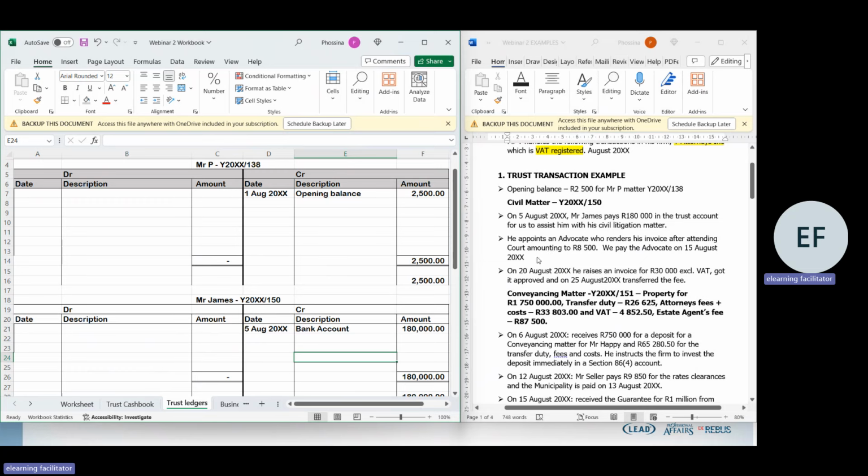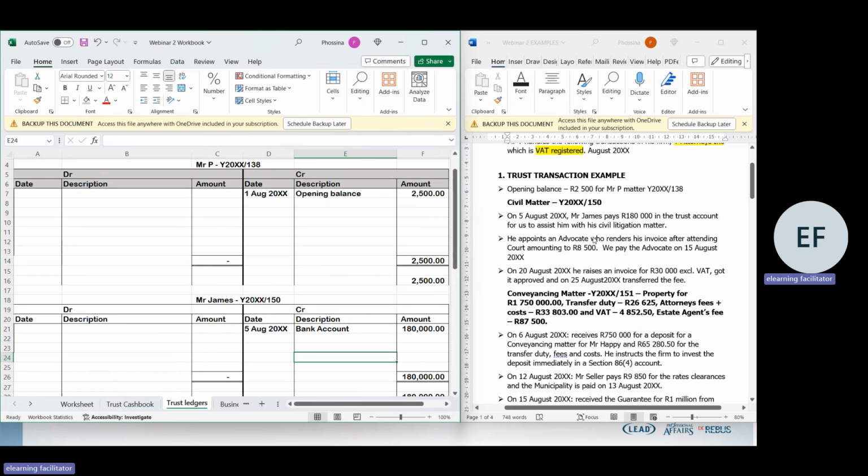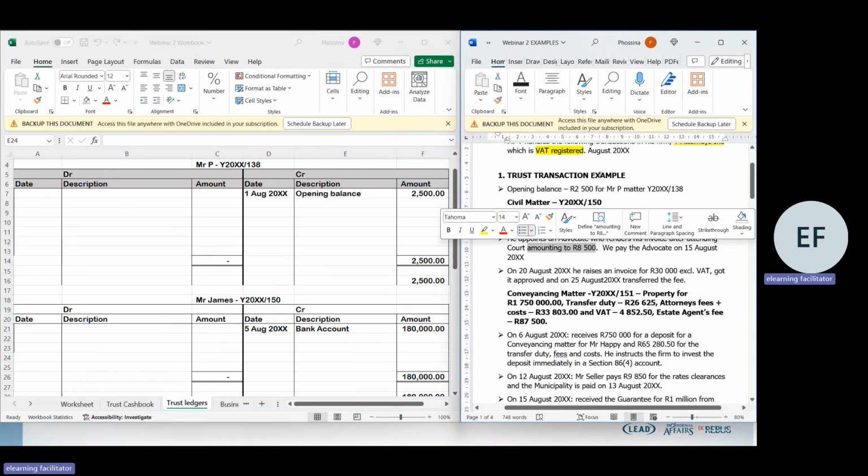And then we are told that Mr. Y appoints an advocate who renders his invoice after attending court, amounting to 8,500. So the invoice for the advocate is 8,500. Okay, so the firm is given that, and we are told that the advocate is paid on the 15th of August 20XX.